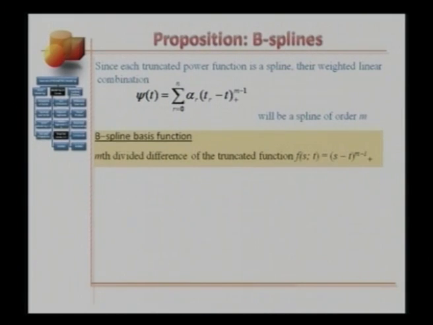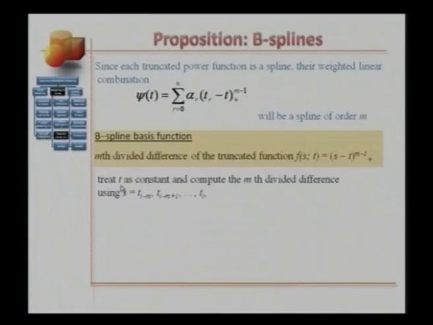We'll do so in today's lecture and a few more. As I had mentioned before, we might want to treat t as constant and compute the mth divided difference using s as t i minus m, t i minus m plus 1, up till ti.